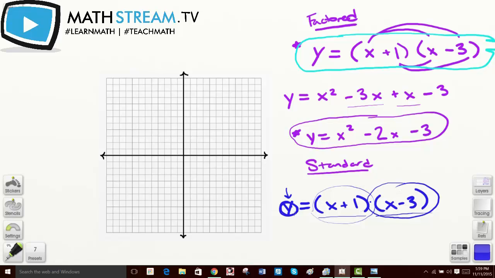It's the only way that we can multiply and get a 0. So that's what we called the zero product rule.